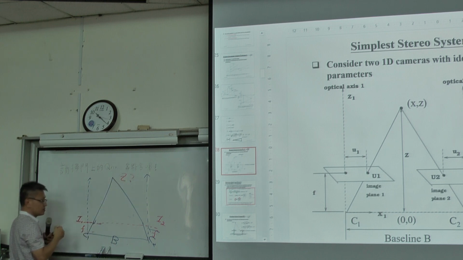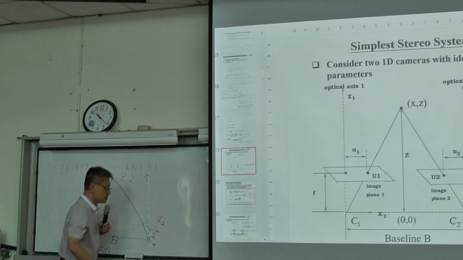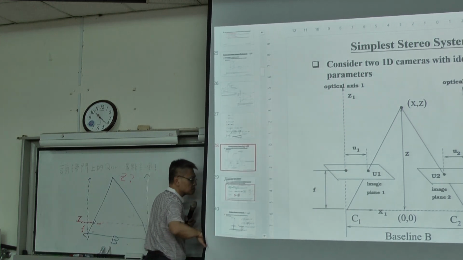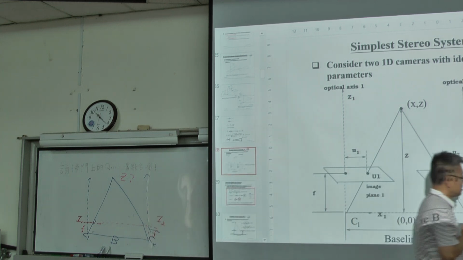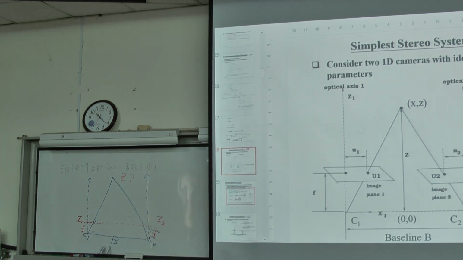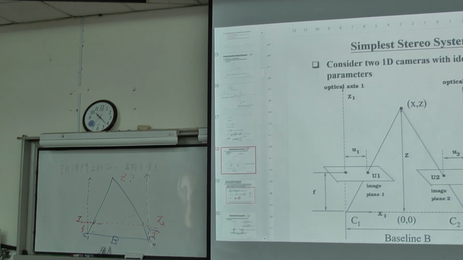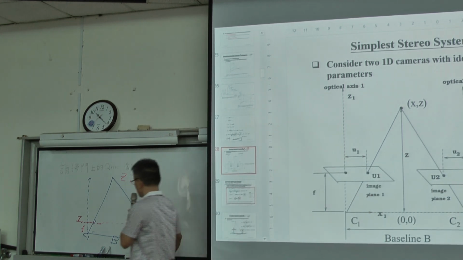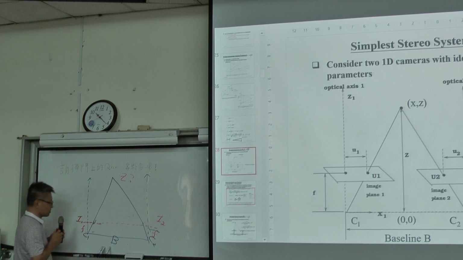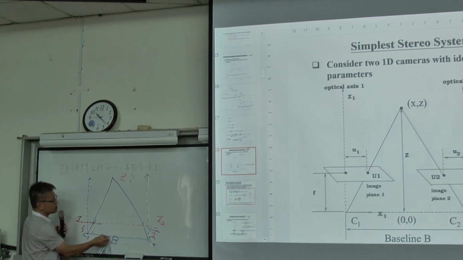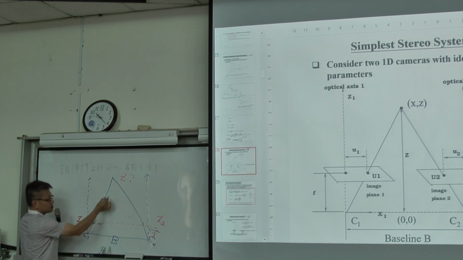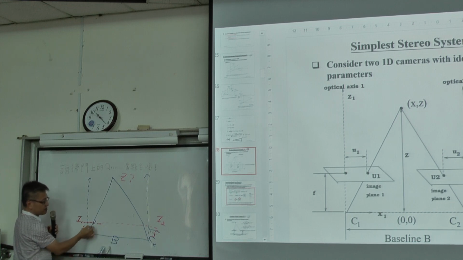You don't know z. So the question is, what's z? So z is from the baseline to here. This is z, and this is f.